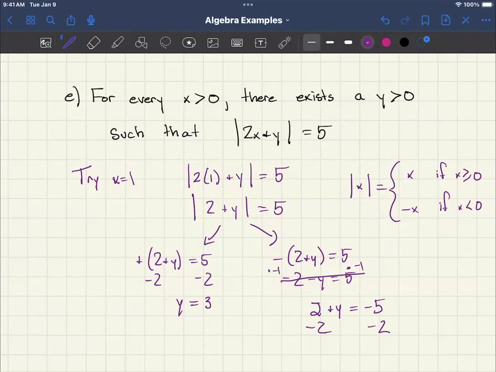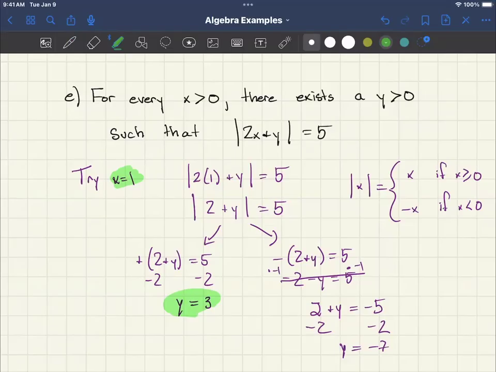So it's up to you, you can do it whichever way. They're going to get you the same answers. It's just a matter of what's easier. Okay, so now notice here we get y is equal to 3. So if we start with a positive x, there is at least one solution that we can plug in for y to make our equation true. So that's good.